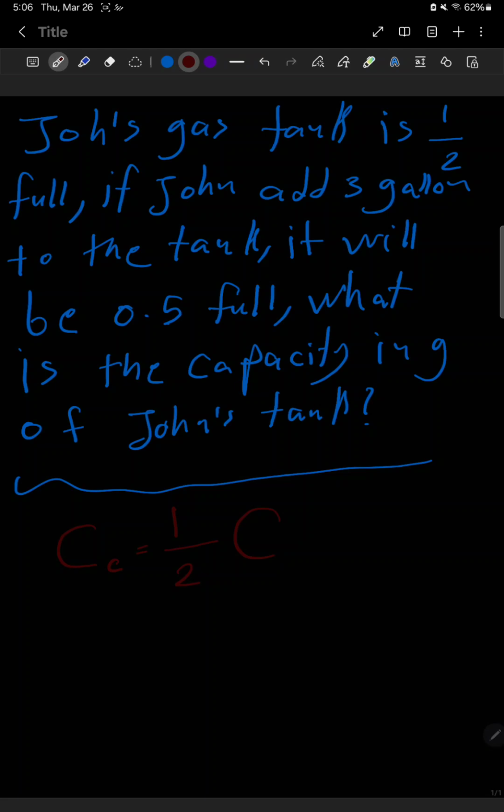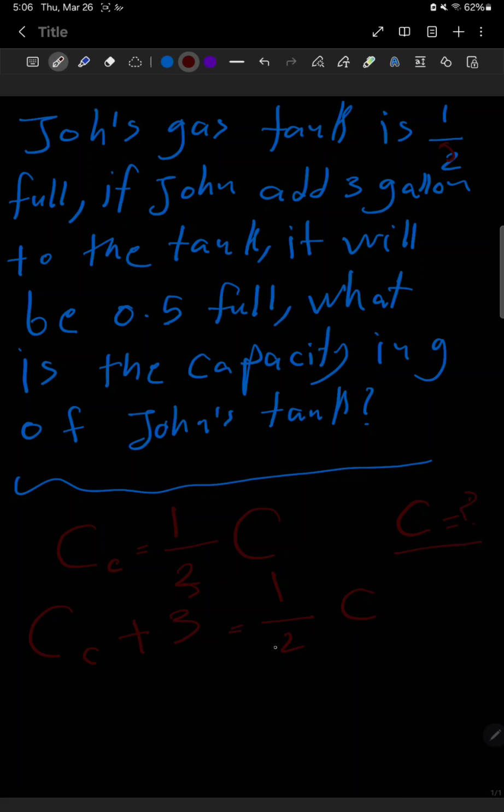Now, if John adds 3 gallons, the current capacity plus 3 equals, sorry, one third, not 2. Doesn't matter. If he adds 3 gallons to the tank, it would be half full. What is the capacity of this tank?